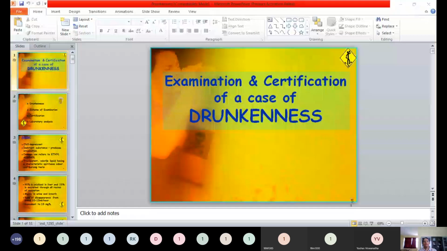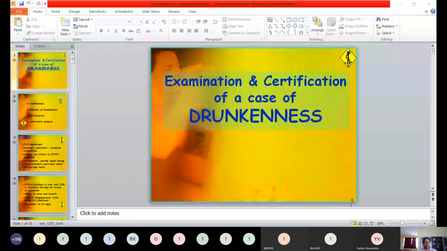The first and foremost thing is that, very briefly, I'll tell you about alcohol. When you say drunkenness, he has to consume alcohol. Alcohol is a CNS depressant, and it is also known as an inebriant substance, in the sense that it produces intoxication.